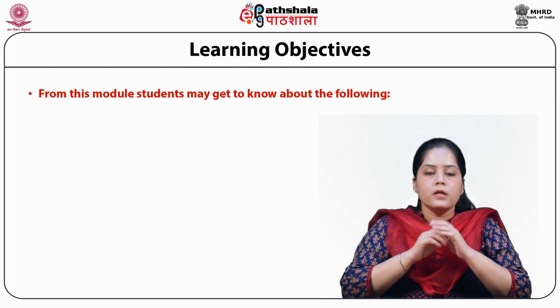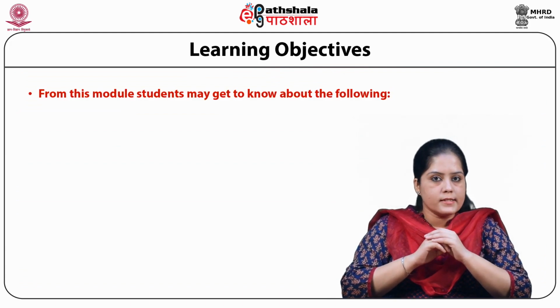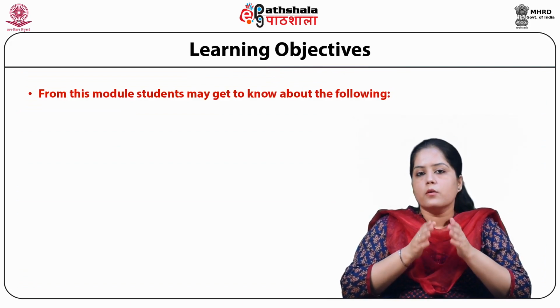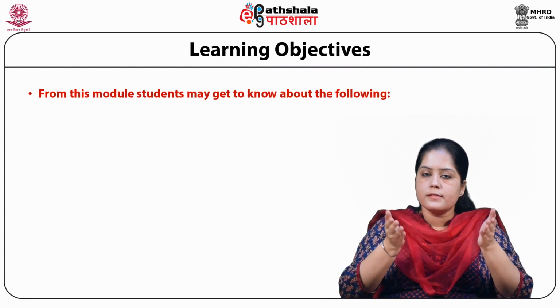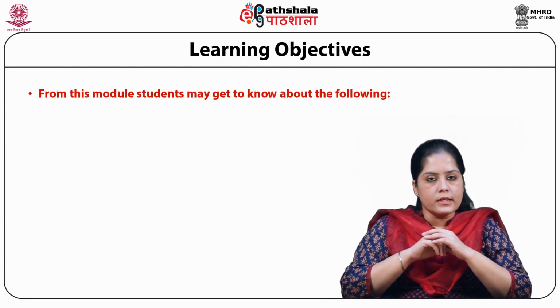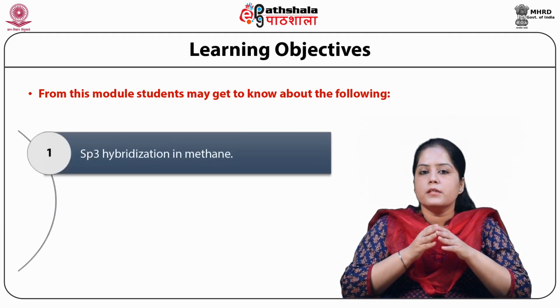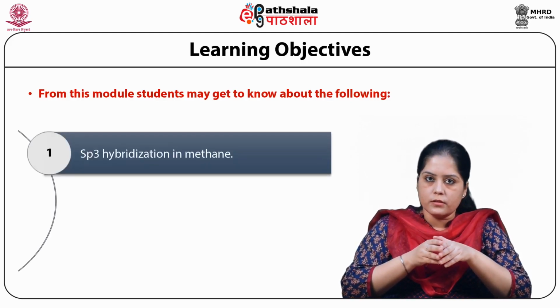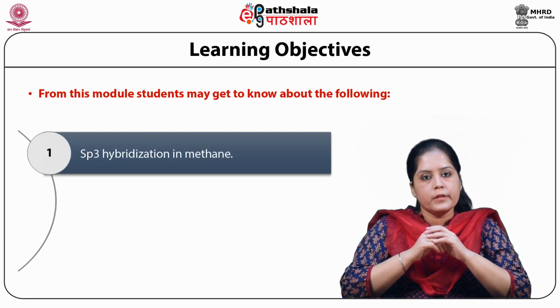Today we are going to talk on the module Hybridization in Carbon-Based Molecules from the paper Physics at Nanoscale. Let us see what we are going to learn in this module. First, we will study the sp3 hybridization in methane.